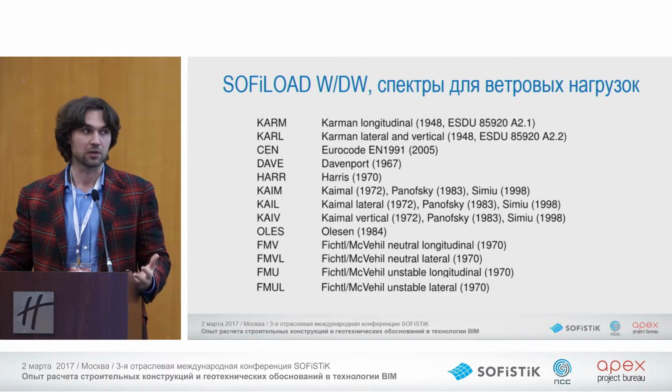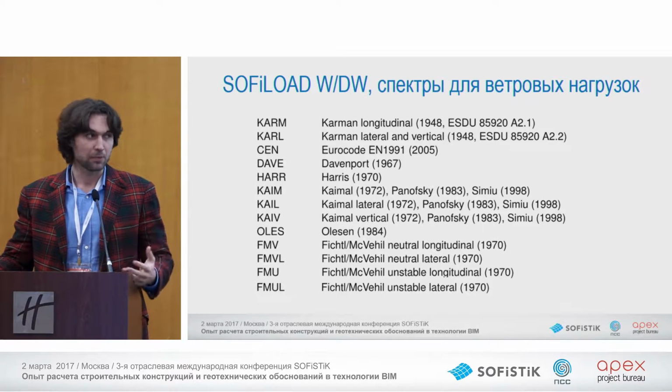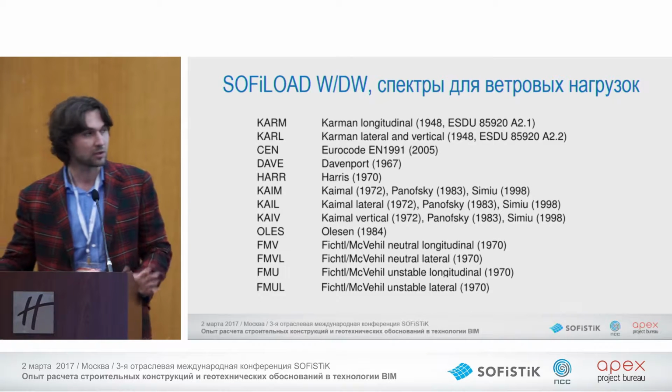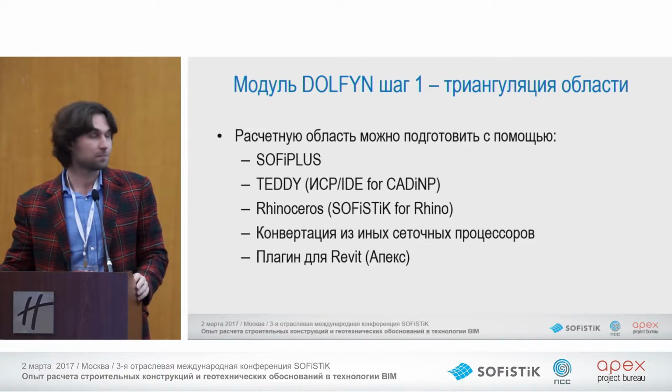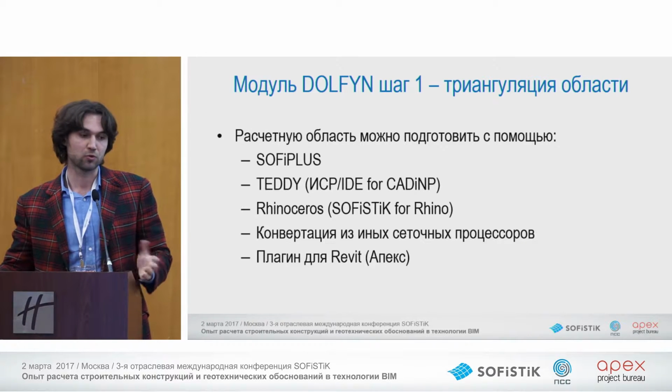The developer has already included many options for wind load calculations. We can calculate dynamic wind for very different spectrums. All the types of winds and loads known in Russia are there.